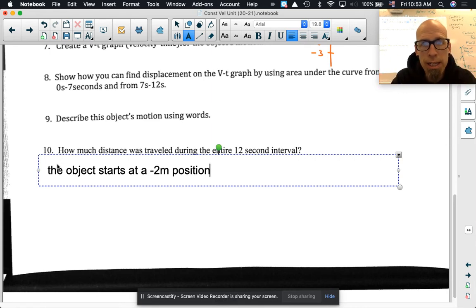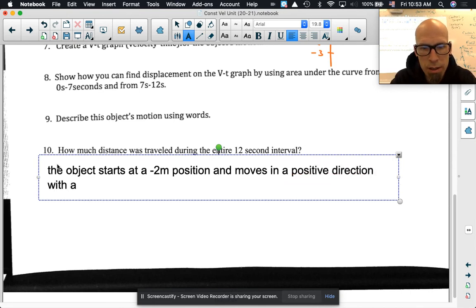The object starts at a negative 2 meter position and moves in a positive direction with a velocity of positive 1.43 meters per second. I could even say for 7 seconds. You could even add that detail.